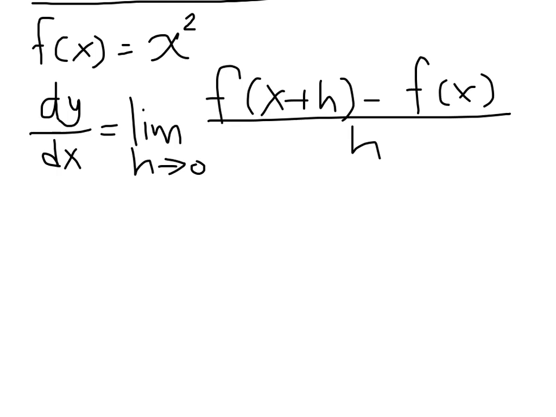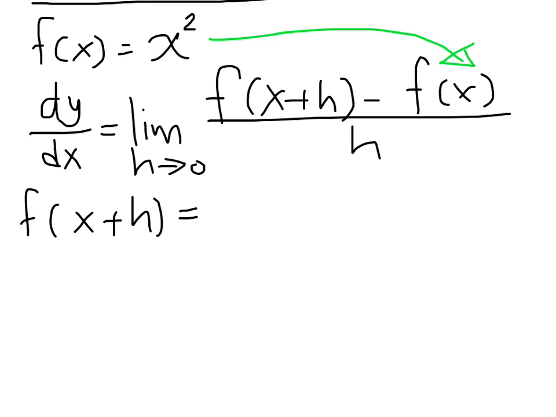Alright, so x squared we already have here, which is f of x. Now we need to find f of x plus h, which simply means you substitute every x that appears in this formula with x plus h. So this is x plus h to the power 2.